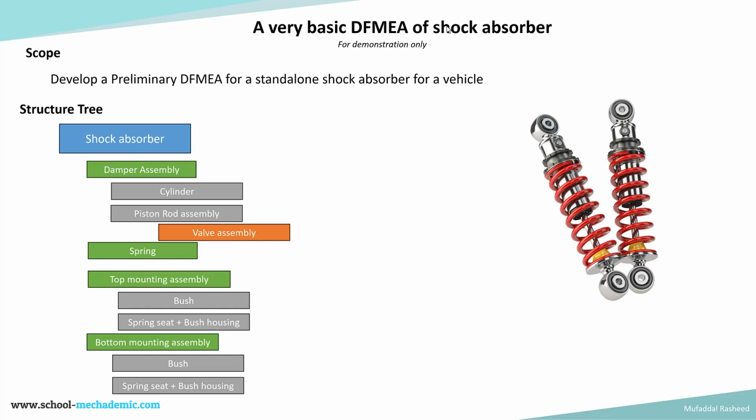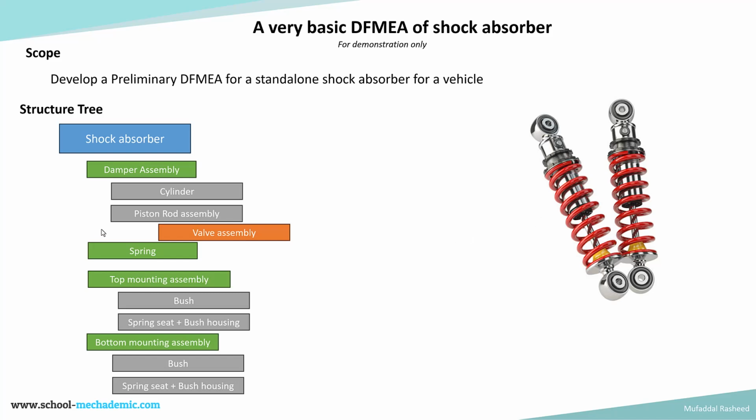If you look at this image, this is the top mount assembly, which has a bush which is going to connect to the chassis. This is the bottom mount assembly, which again has a bush and a hole which connects to the control arm of the suspension system. Then we have the damper, which is this cylinder inside, and this rod that is part of the damper assembly. And then we have a spring, which is red in color, which is connected to the top and bottom mount.